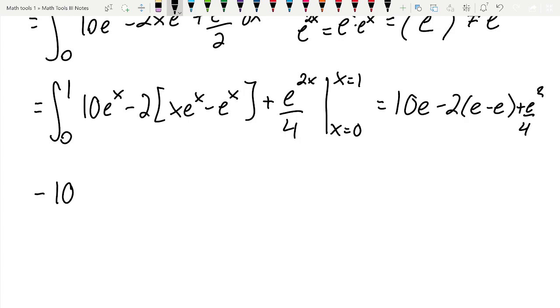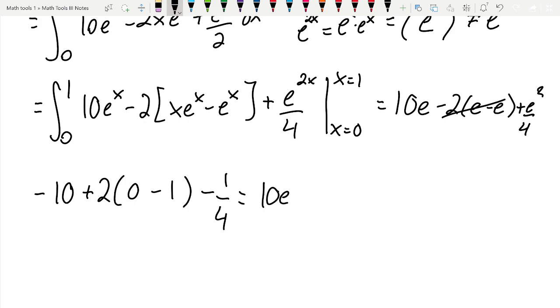Minus, that's just going to be 10 because it's going to be e to the 0, minus 2 times 0 minus 1, and that should be negated too, right? Because we're subtracting. And then minus 1/4. Okay, so this part's just 0.